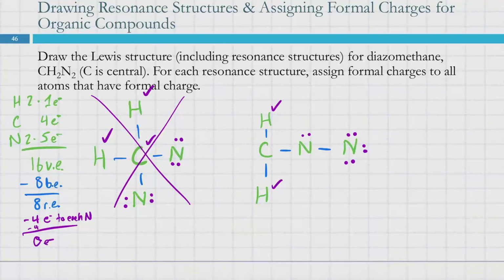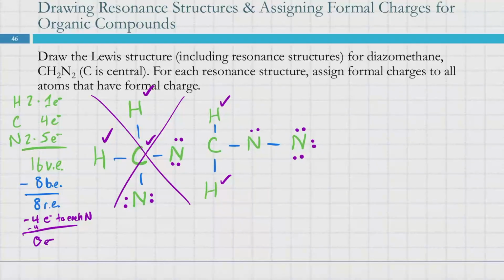All right, now that we've ruled that out, we have the true Lewis structure, but we don't have our octets yet. If we look at our terminal nitrogen, 2, 4, 6, 8 valence electrons, this nitrogen is happy. The nitrogen in the middle has 2, 4, 6, it is not happy. Our carbon also has 6, it's also not happy.